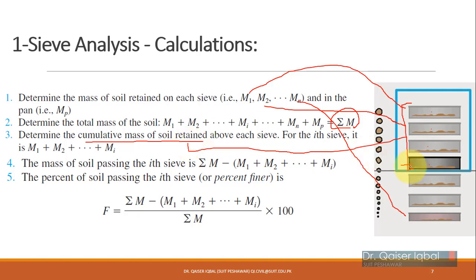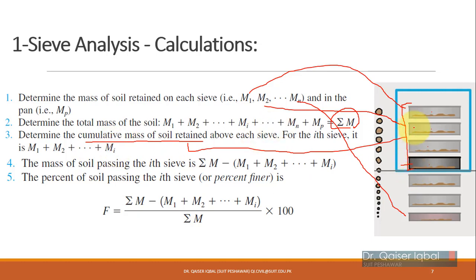So if this is sieve number i, here sieve number 4, then M1 plus M2 plus M3 plus M4, added together, will be the cumulative mass retained on this fourth sieve.